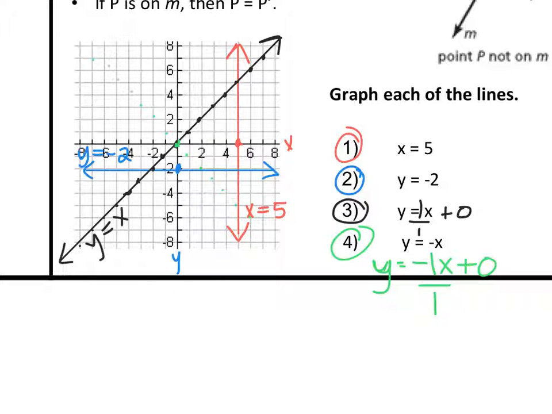It should be a nice negative line. And we'll graph that, label it as y equals negative x.